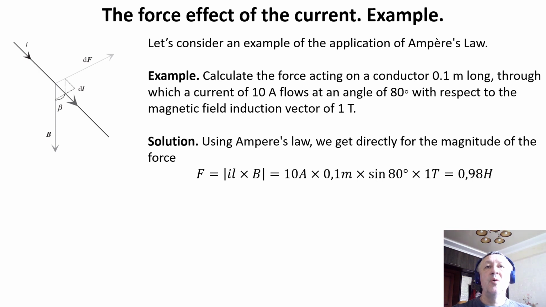Using Ampere's law, we get directly the magnitude of this force. We know the angle between the element of current and magnetic induction, and as a result we obtain Ampere's force equal to 0.98 newtons.